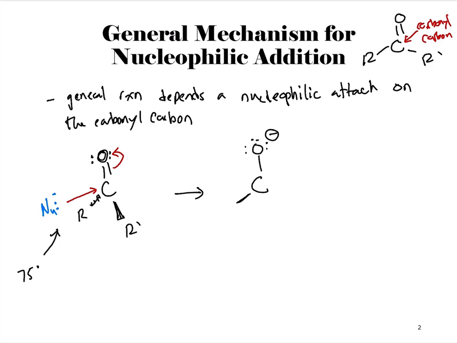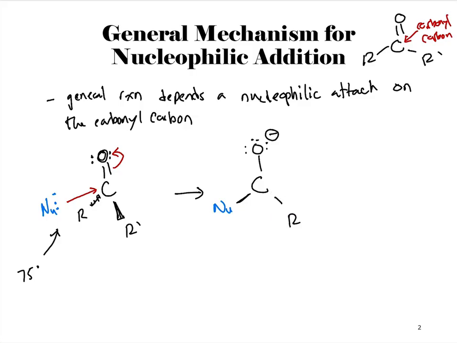And we have our nucleophile now that's at about a 75-degree bond angle, and this is also going to be a tetrahedral, or now sp3 hybridized intermediate, right? Because now we have three bonding pairs for this carbon atom, so it's going to be sp3 hybridized.